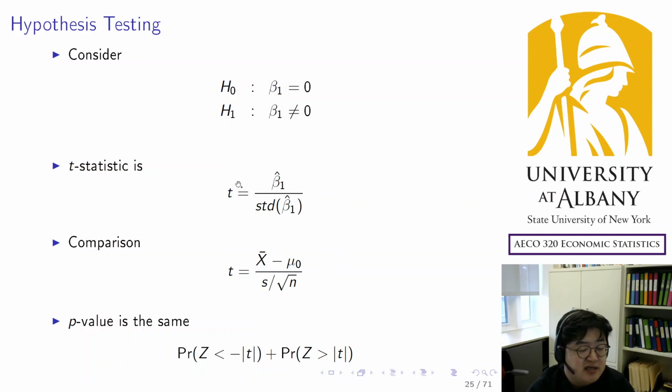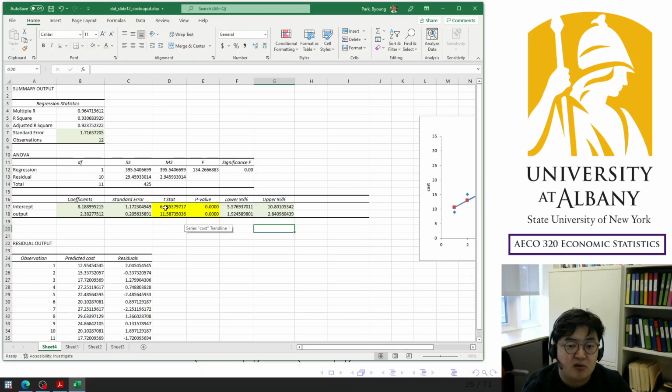And then given the T statistic, how you calculate the p-value is also the same. Because calculating the p-value is based on the normal distribution assumption, approximation. So based on the same approximation, you have this p-value. Okay, so you get p-value and t-statistic here.